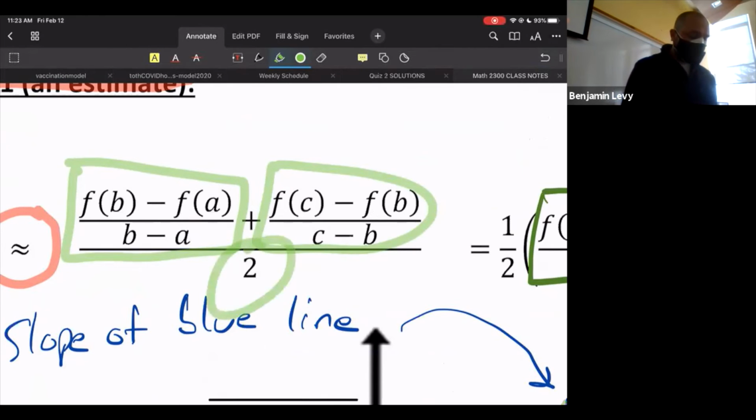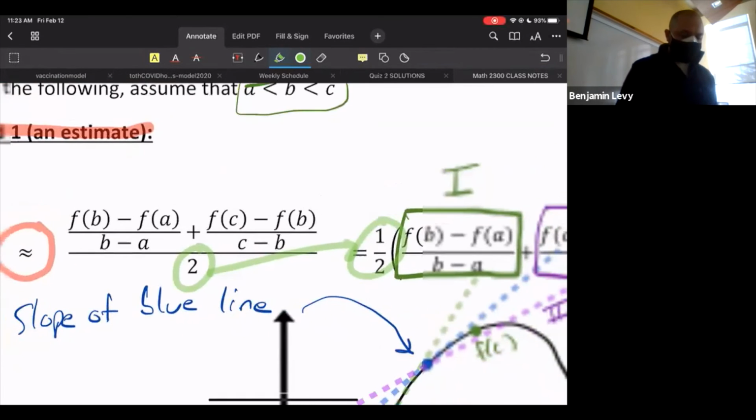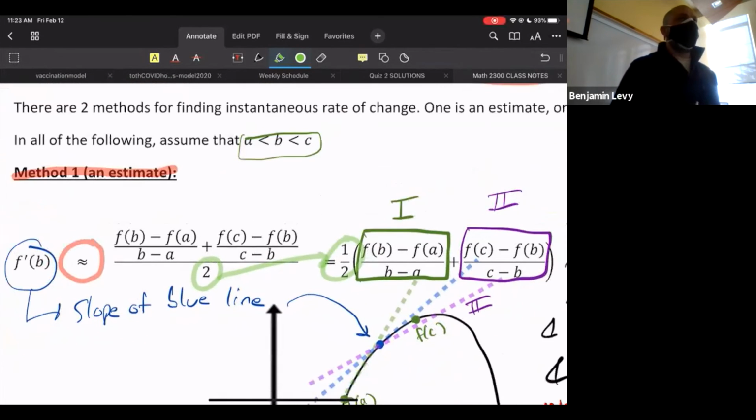It's kind of confusing when it looks like this because this is a compound fraction, a fraction inside a fraction. Dividing by 2 is the same thing as multiplying by 1/2, so it's just a way to simplify that down and make it not a compound fraction.